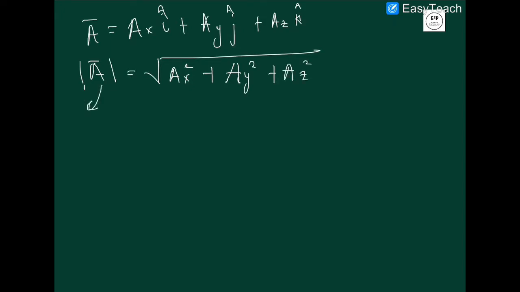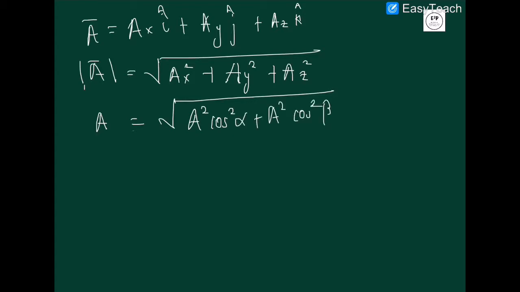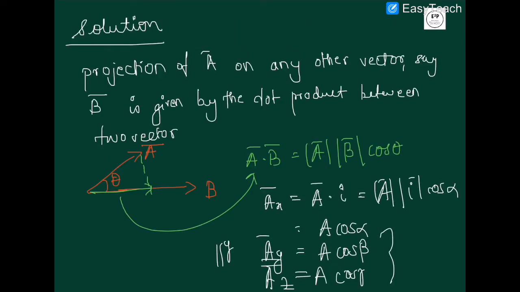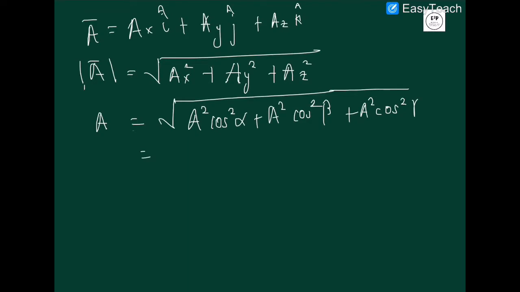This is already given to us in the question, so let me not write this particular thing first, we'll look at it later. This is the square root of A square cos square alpha plus A square cos square beta plus A square cos square gamma. We got this from over here. So we'll take A as common and get it out from under the root sign, that is A.